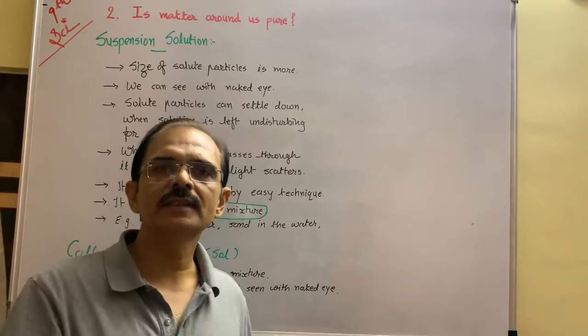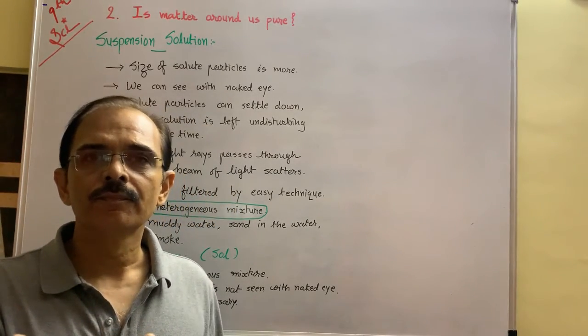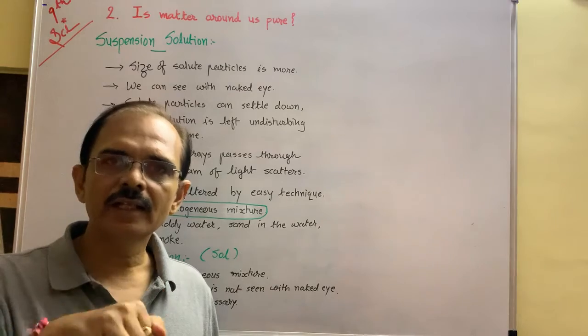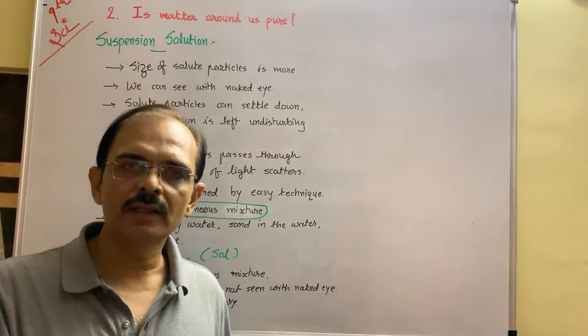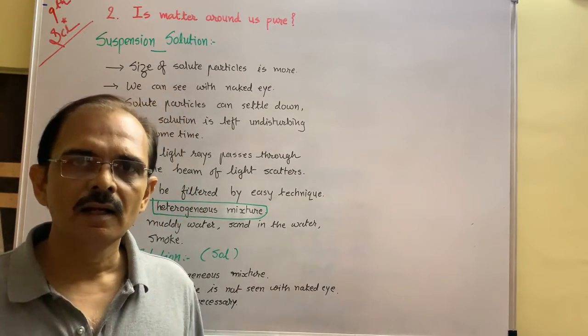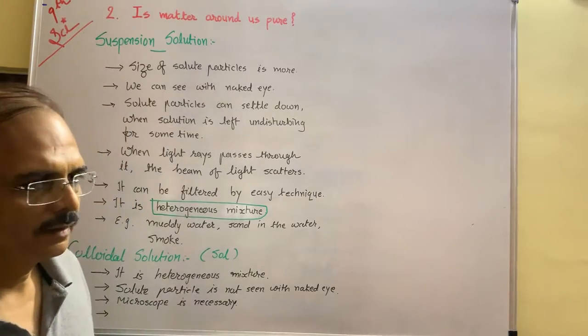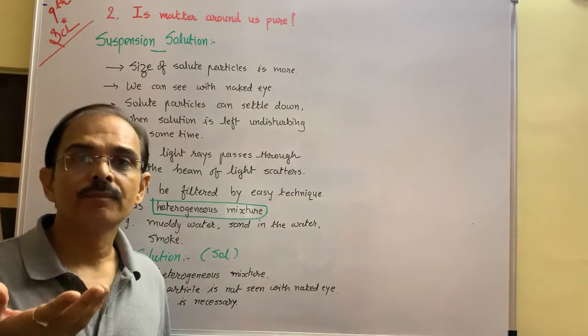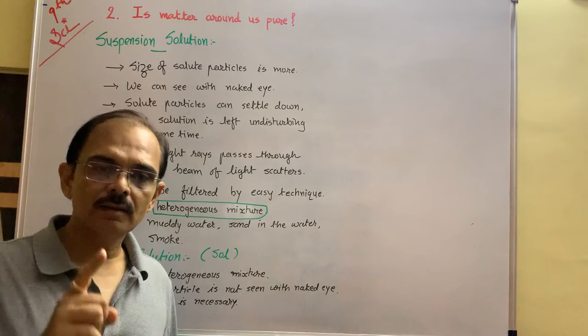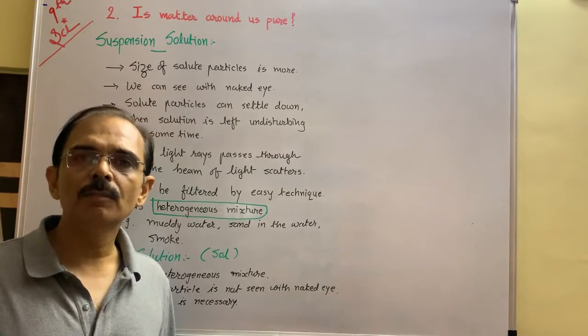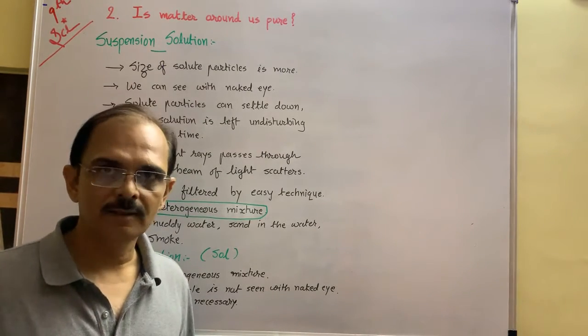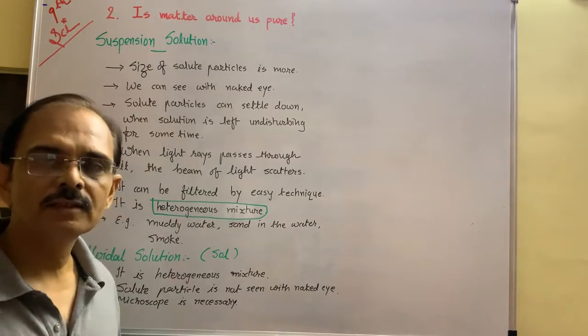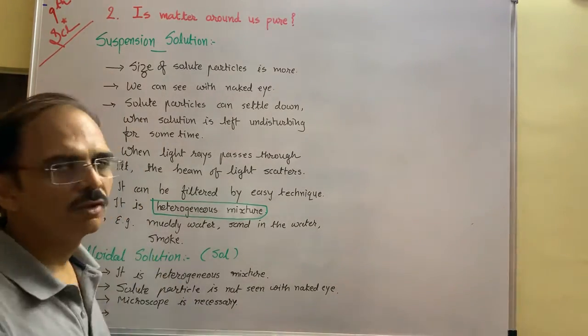From where does all this cream come up? Originally cream is there inside, it means fat particles are there inside the milk. After that, when you boil it, it comes up. Means fat particles are there in the milk, but we cannot see them with our naked eye. So milk is called colloidal solution.